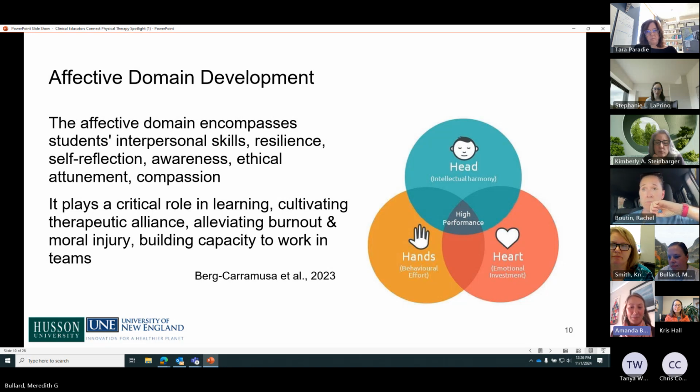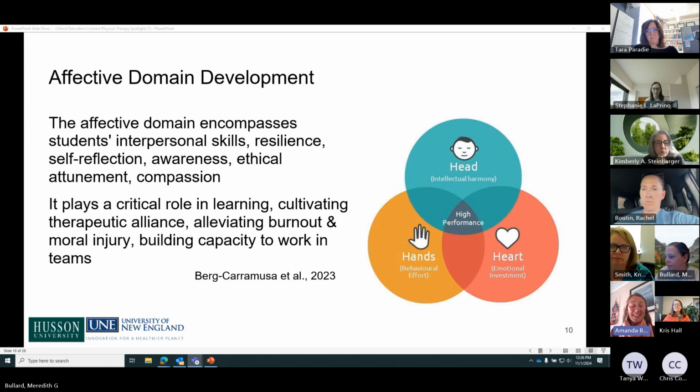But oftentimes, we have clinical instructors that are coming to us with behavioral or professional concerns that are within this affective domain, which we can also refer to as habits of the heart. There is a really great Sarah Silly lecture that refers to these learning domains as habits of the head, heart, and hands. And we really need to integrate all three of these in order to have a high-performing student.